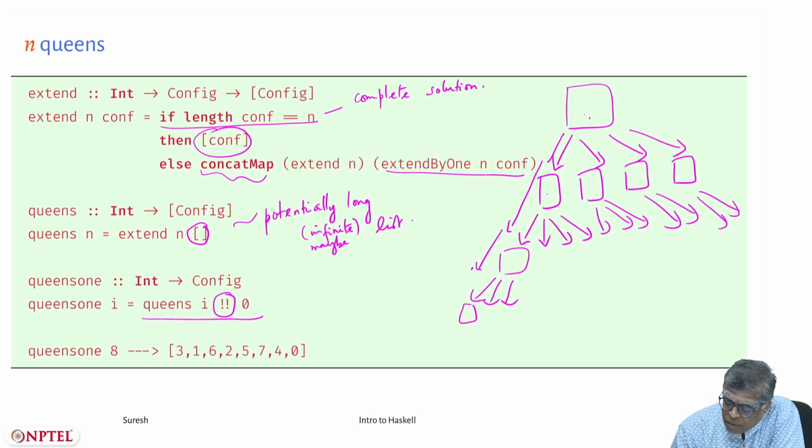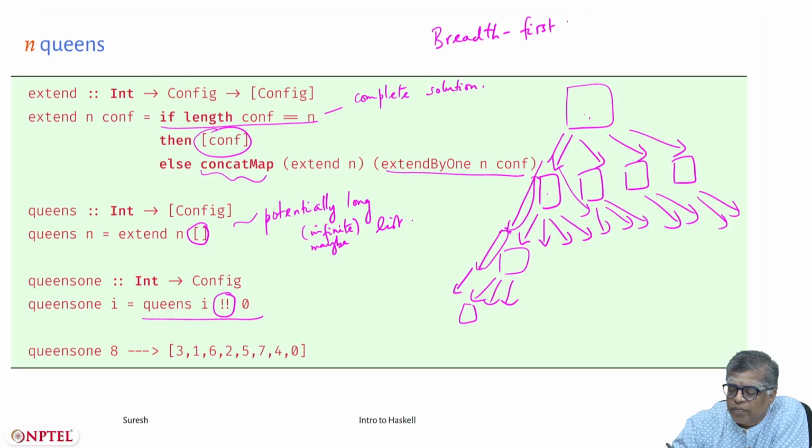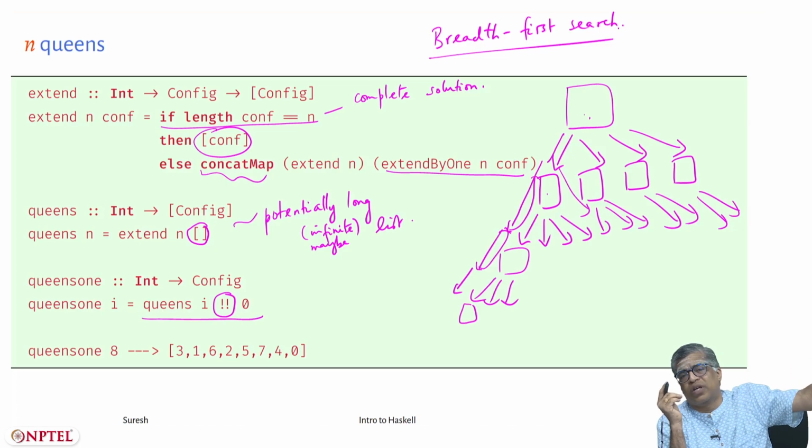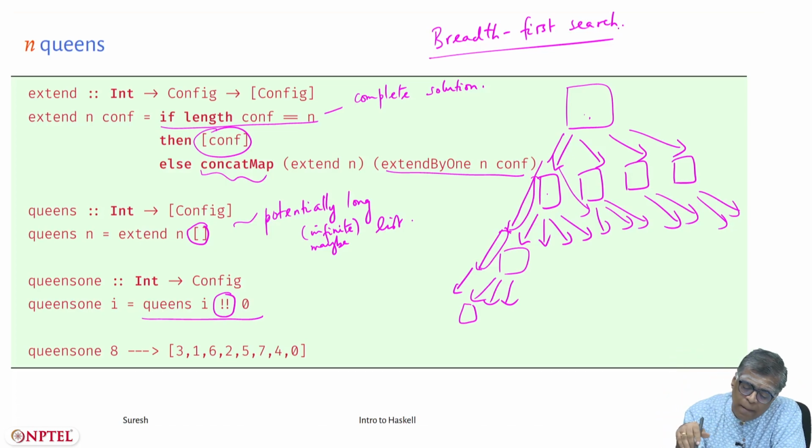It will just try to explore the tree as much as is necessary. It might try to go down this path, maybe it gets stuck, so it will backtrack and take another path, etc. So the point is, you wrote a program in an extremely simple manner, in the manner of what is called breadth first search, where you said find all extensions by 1 move, find all extensions by 1 more move, etc. But Haskell will actually execute it in depth first search.